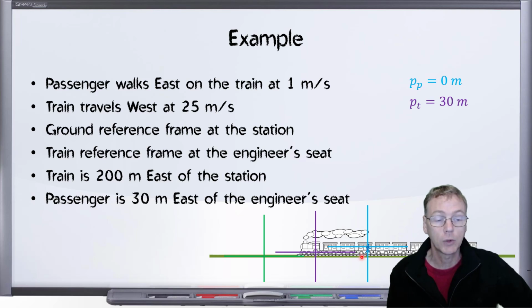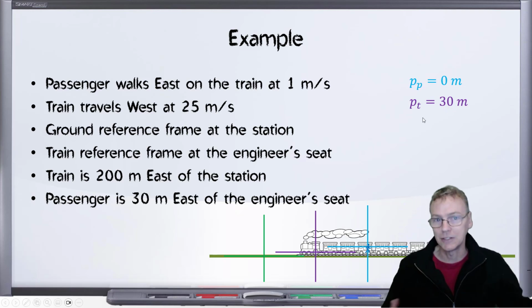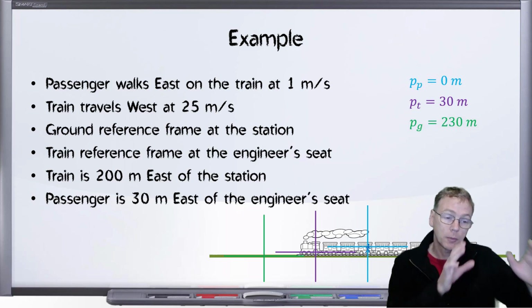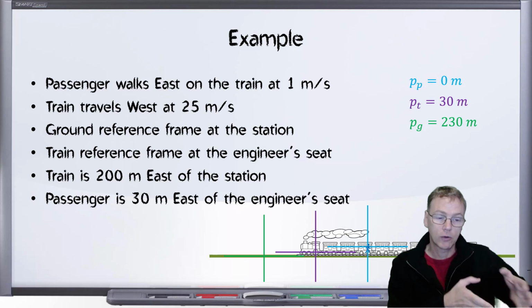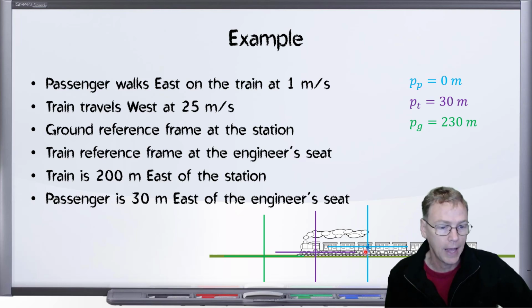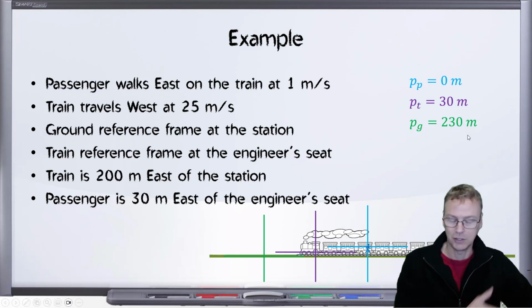So the passenger's location in the train reference frame is 30 meters east, right? Okay, last one is in the ground reference frame. Where is the passenger currently in the ground reference frame? Well, we said this is 30 and this is 200. So together, from here to here, that's 230. So in the ground reference frame, the passenger is at 230 meters.